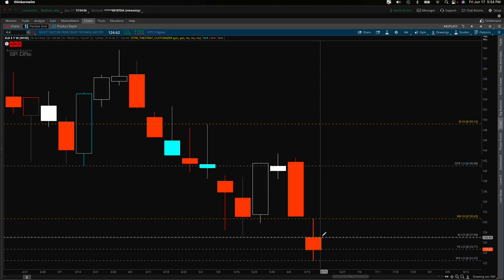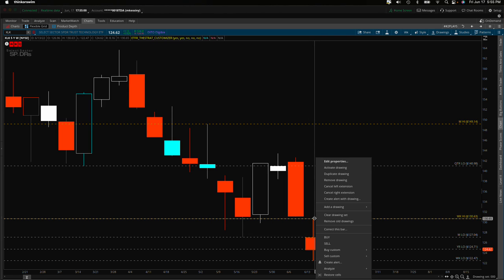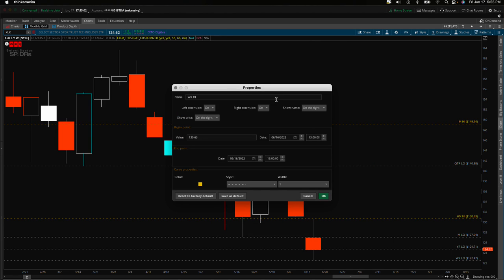It's a pretty long wick, so we could try to retest this. So we would have a 2-2 bull reversal on the weekly time frame.